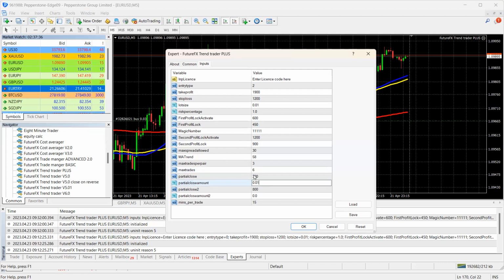So in this case, once it's in 300 points, we needed to put our lot size up to what our calculator told us. But then once it's in 300 points of profit, it's going to close out 0.01 of your trade. So if you had a 0.37 lot size trade, now you'll only have a 0.36 lot size trade.